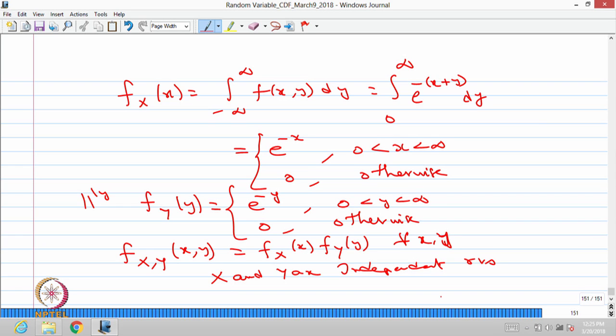Not only that, the probability density function of X is e power minus x, and the probability density function of Y is e power minus y. So, if you find the distribution, that means the CDF, or probability density function for a continuous type, or probability mass function for a discrete type, the distributions are same.